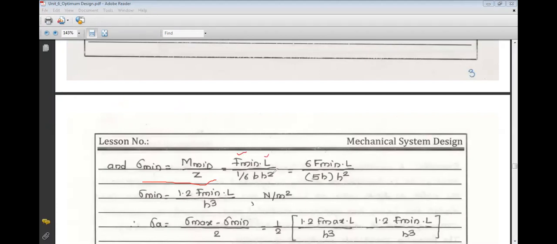Again the section modulus is the same, 1 by 6 bh square. Now again put the value of b as 5h. So we get again sigma minimum is equal to 1.2 F minimum into L upon h cube.